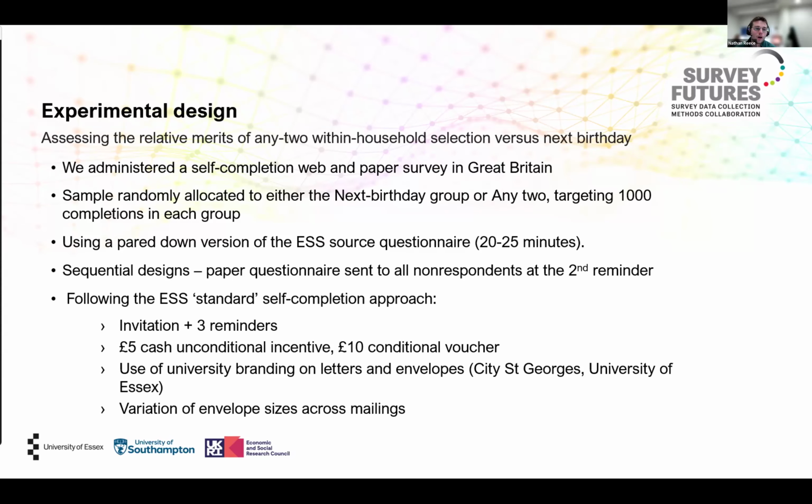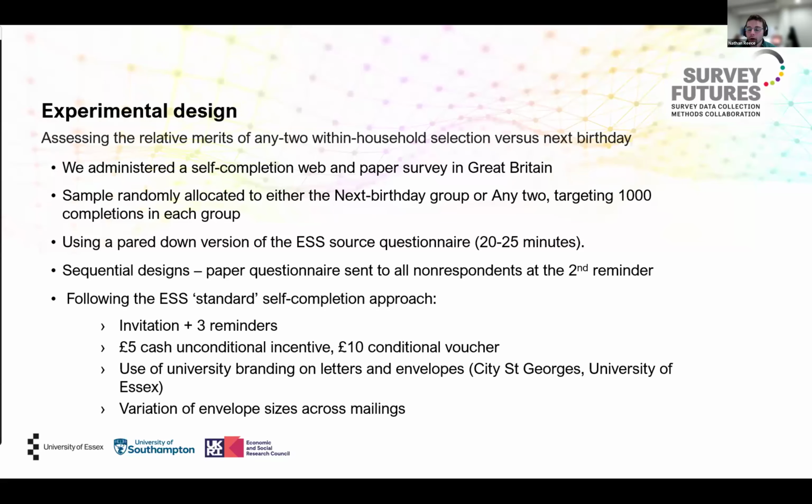So given the context, we set out to experiment with two of these methods that Peter described. Again, we chose two of the methods that we thought would be the most realistic to use in the UK context.